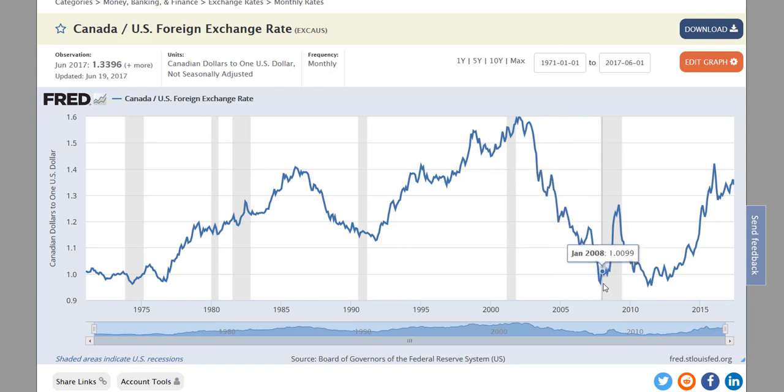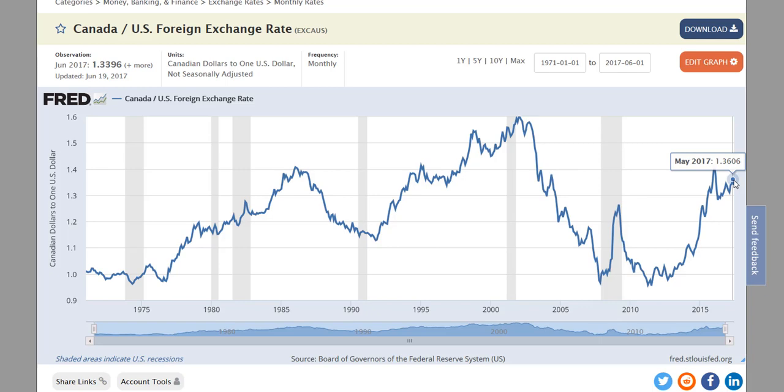But at the eve of the crisis, for example, February 2008, it was pretty much parity, meaning that you would only get 1 Canadian dollar per each dollar. So the dollar depreciated in this case. And since then, we have a return to an appreciation path of the US dollar versus the Canadian dollar. And these days, you get about 1.36 Canadian dollars per each American dollar.